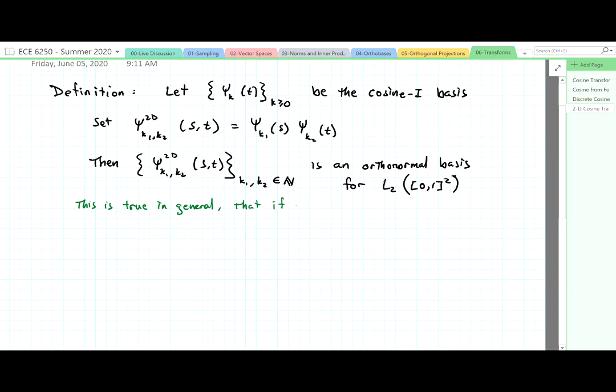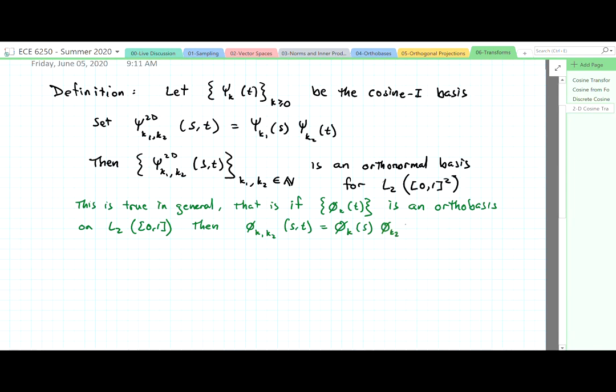That is, if phi k of t is an orthobasis on L2 0, 1, then phi k1 k2, defined in the same way we just did, is an orthobasis on L2 0, 1 squared.